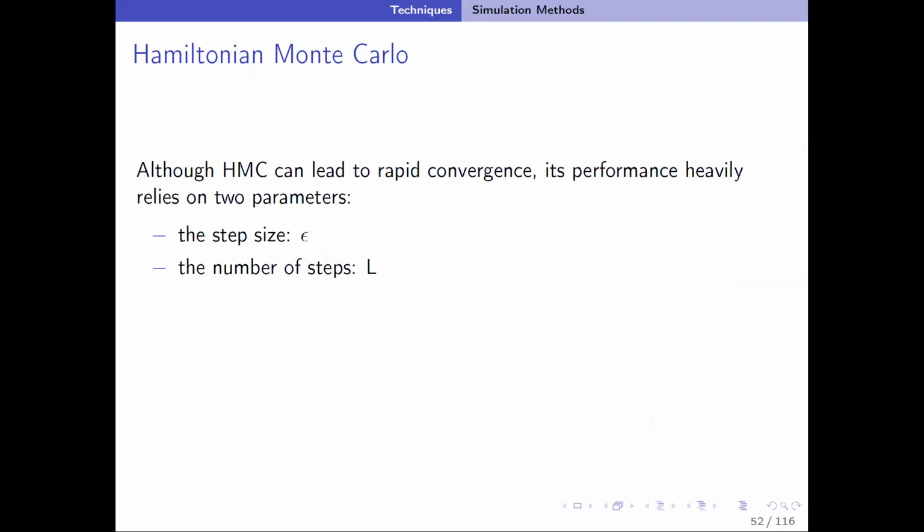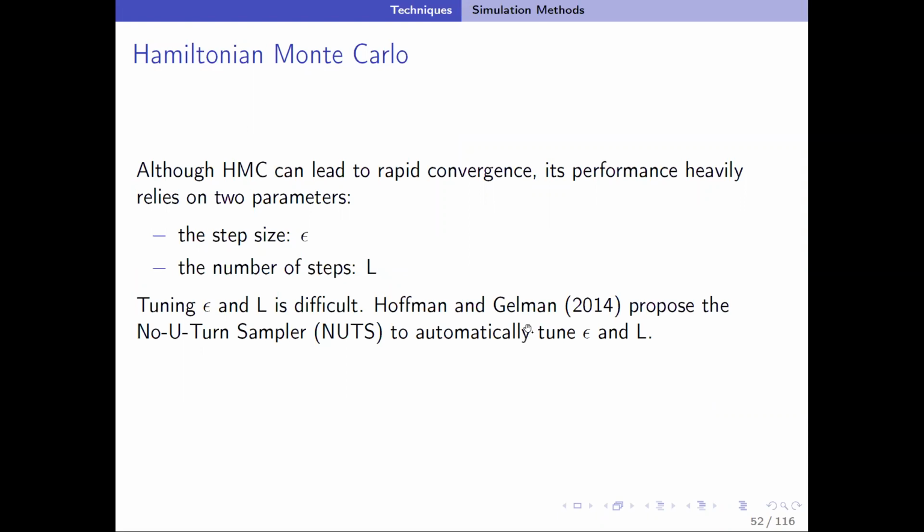Like all things, there are pros and cons, and HMC does lead to rapid convergence, but it depends on, in the leapfrog, the step size and how many steps you take. Okay, so there comes this Hoffman and Gelman paper that proposed what they called a no U-turn sampler to automatically tune epsilon and L, and this is being used in a number of software packages to deal with the problem.